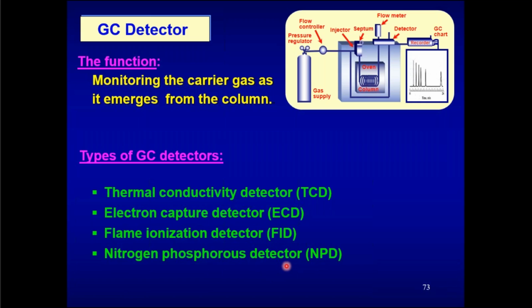This is also called the thermionic detector, TID. These short forms are standard, and you may be asked questions like describe the working of a TCD. So you should know the short form as well as its expanded form.